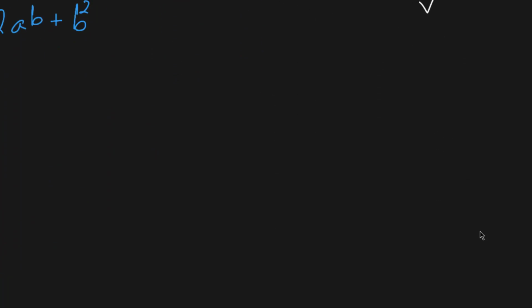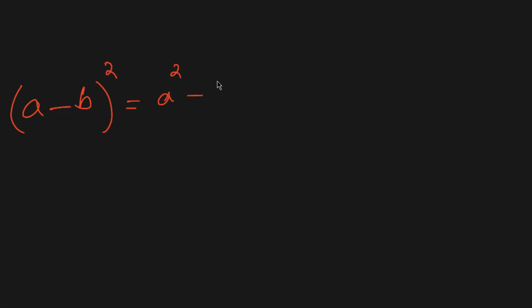Right, now let's talk about the second identity. The second identity is a minus b whole squared, which is equal to a squared minus twice of ab plus b squared, or you could just simply say first squared minus twice of first into second and plus second squared.